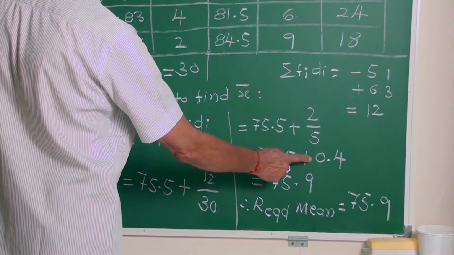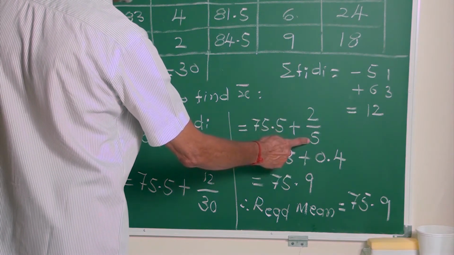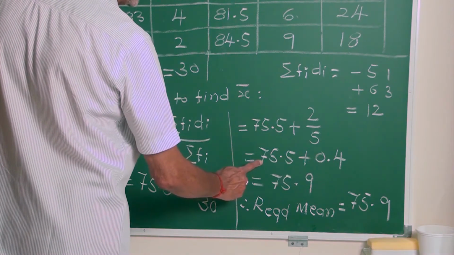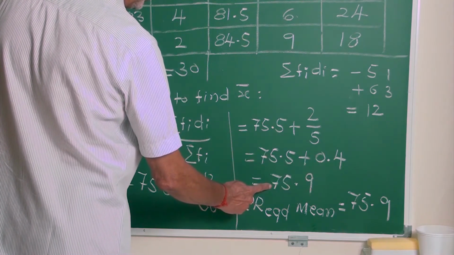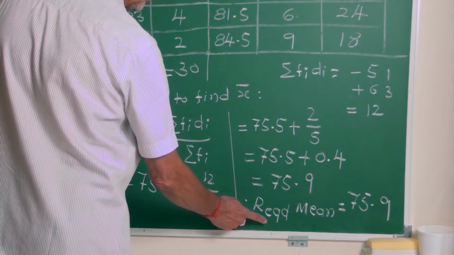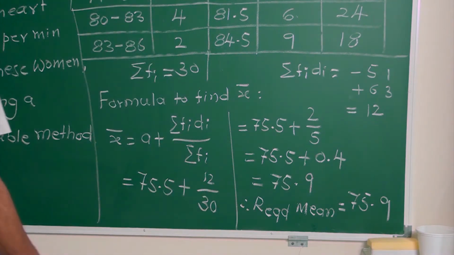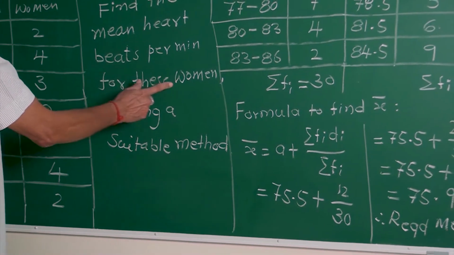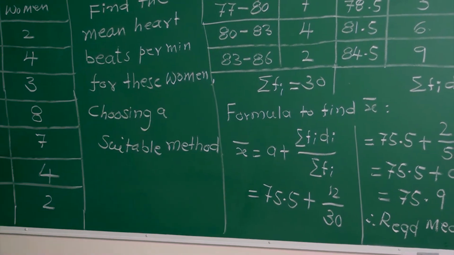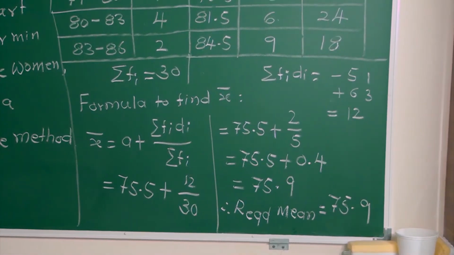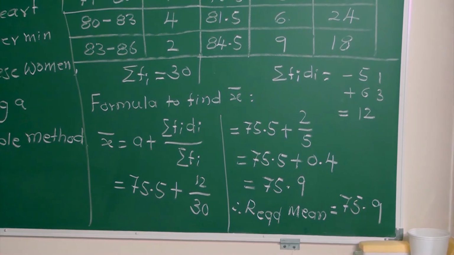What is 2 upon 5? It is 0.4. 75.5 plus 0.4 is 75.9. Therefore, this is the required mean heartbeats per minute of these women. The required mean is 75.9.